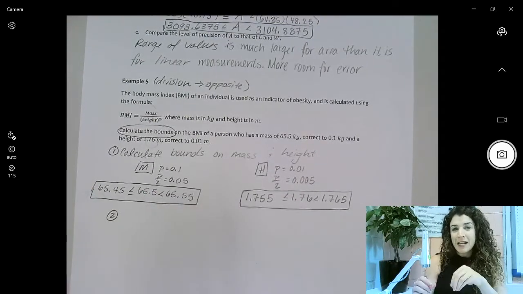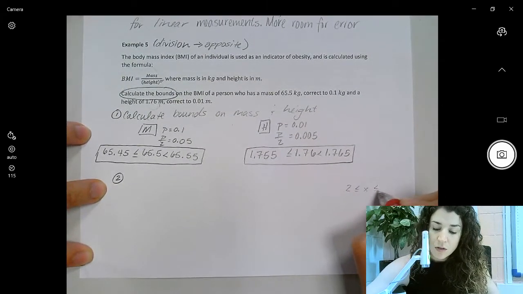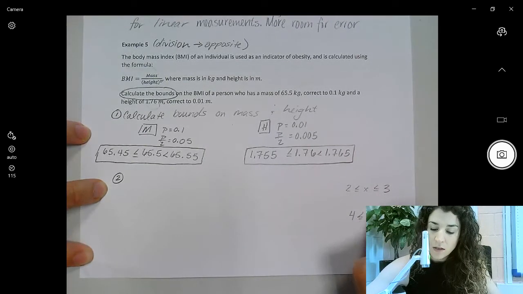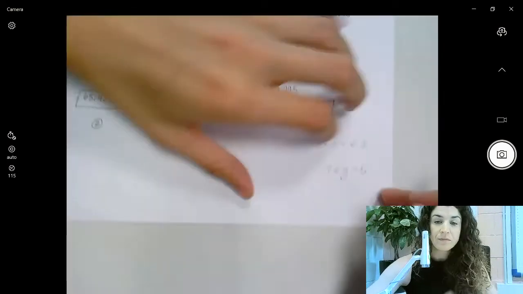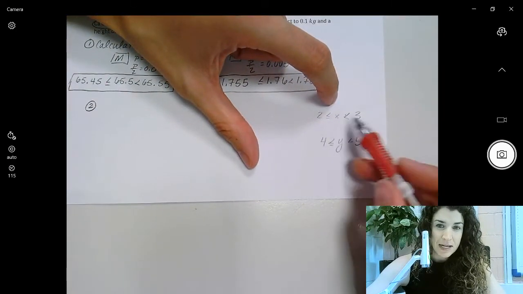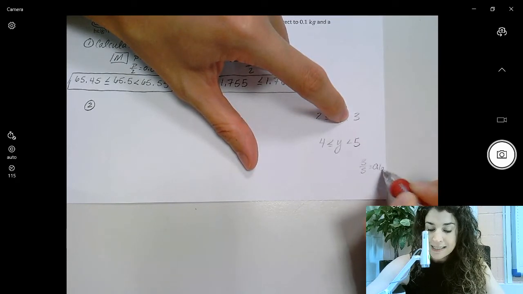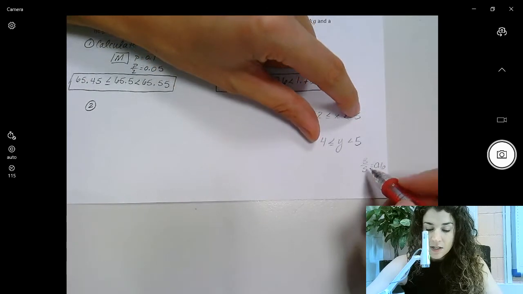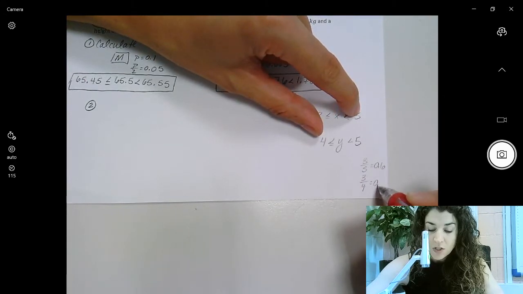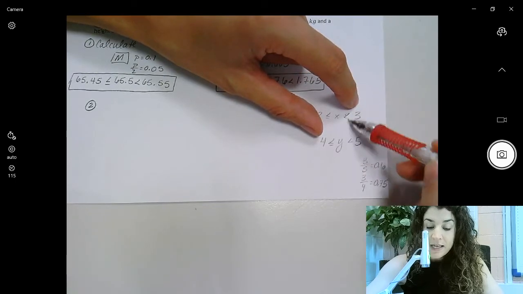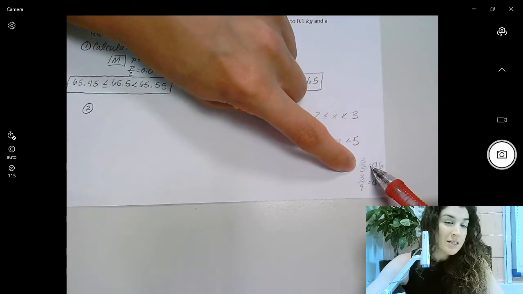And the thing is that once you start dividing, for instance, if I had a bound of 2 and 3 and then 4 and 5, if I started dividing these numbers out, if I did 3 divided by 5 to get my maximum, which is 0.6, versus 3 divided by 4, which is 0.75, even though these are both the maximums, if you have a larger denominator, your decimal is going to be smaller.